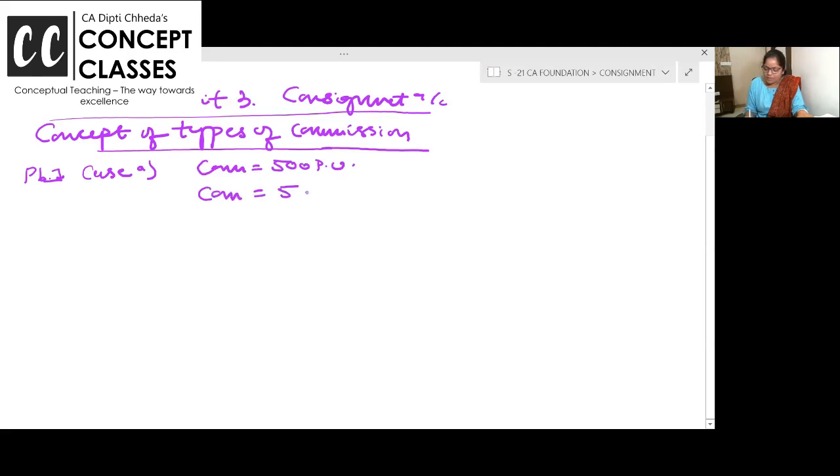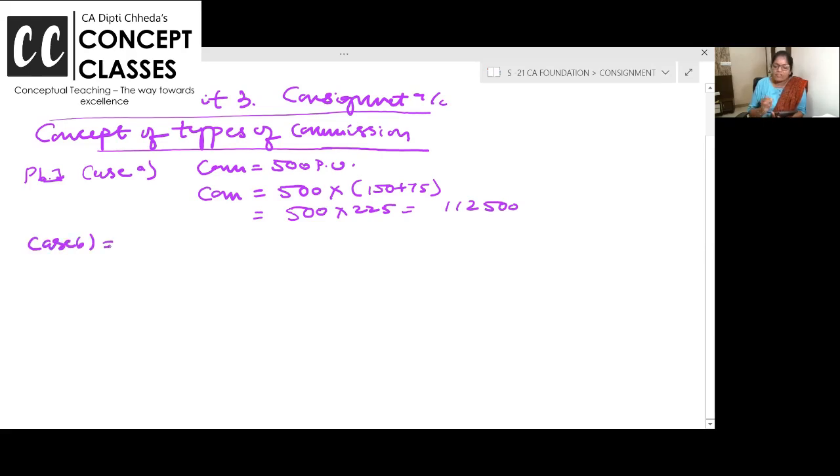So commission is 500 into 150 units sold plus 75 units sold. Calculator, where are you? Calculate quickly. Don't give the commission for units sent; give the commission for units sold. 500 into 225 is 1,12,500. This is the first type of commission.